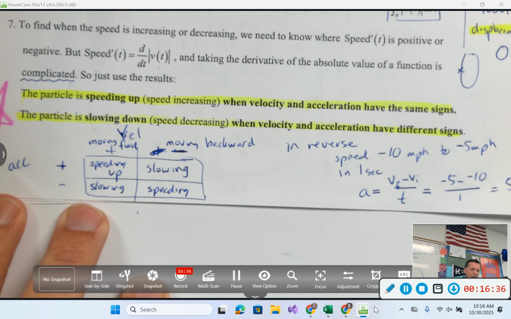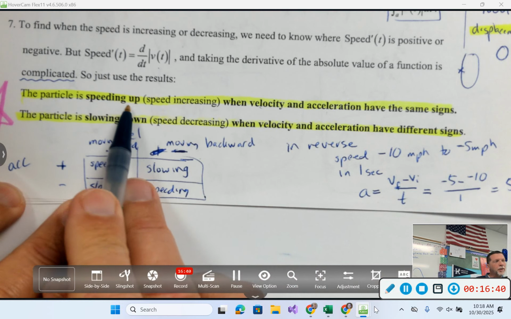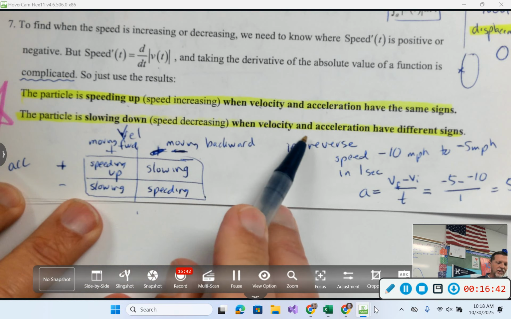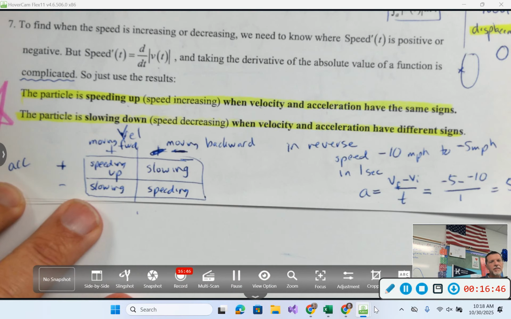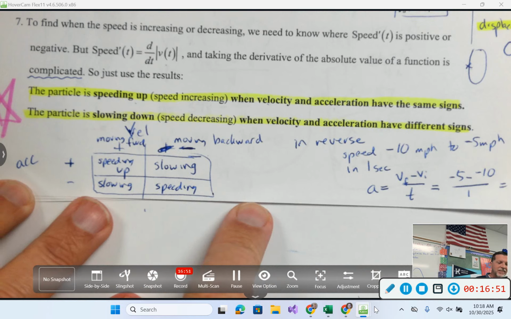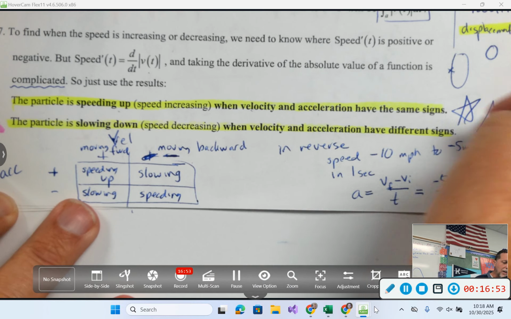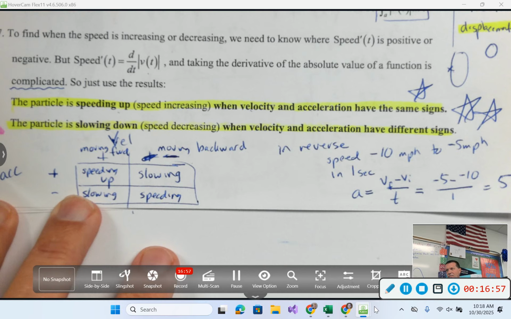The easier way to think of it is if velocity and acceleration are working together, then you're speeding up. If velocity and acceleration are fighting each other, then you're slowing down. So this is a spot where you don't really have to understand all of it to get it right. Velocity and acceleration have the same sign, working together, you're speeding up. Maybe speeding up forward, maybe speeding up backwards, but speeding up.